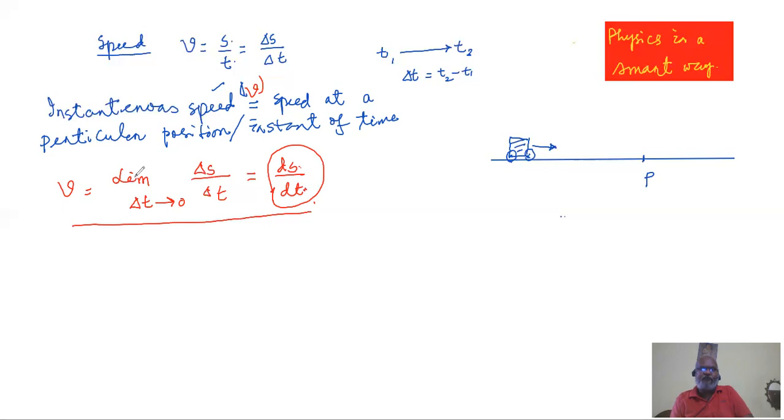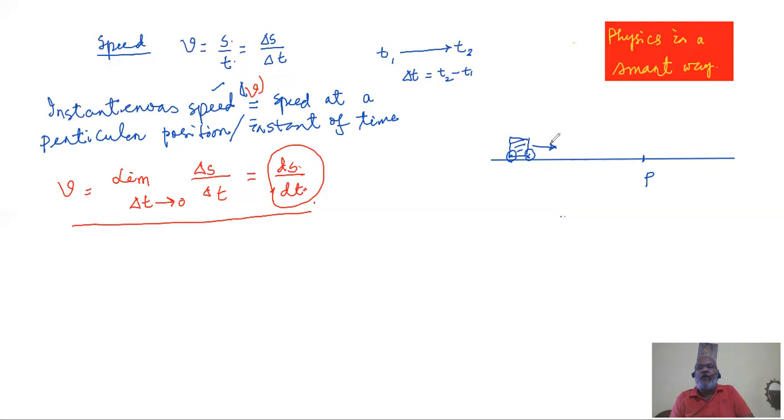Okay, that may be written like that, but exactly we have to understand what that really means. There are many different types of speeds, average speed or mean speed, instantaneous speed. Okay, we can create other terms also, but average and instantaneous, they are very popular.